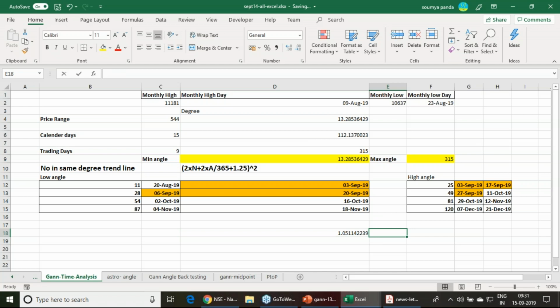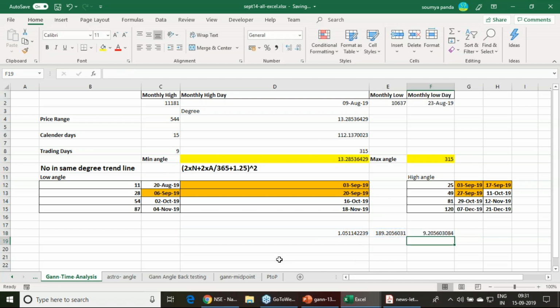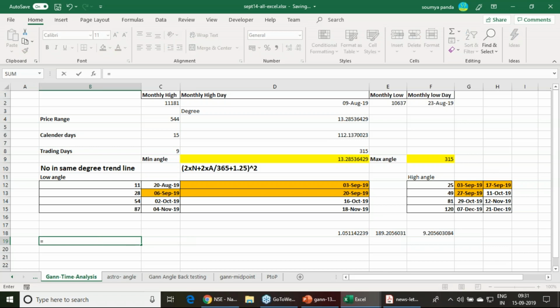We got this one, multiplied it with 180. So we got 189. Now it is greater than 180, so I have to reduce by 180. If it is less than 180, nothing to do. It is greater than 180, so 9.20. So use the same formula, 2 into n, 2 into n to find out the numbers. So here I am using the 2.